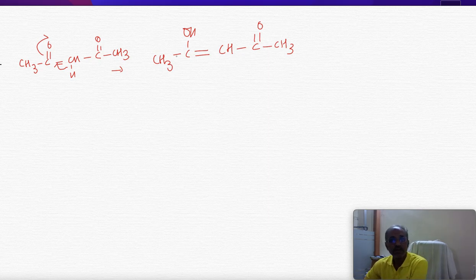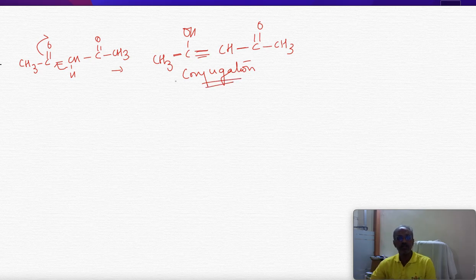Why? Because if this is single, double, again single, that means conjugation. So single, double, single, conjugate, right? So this will be predominant.